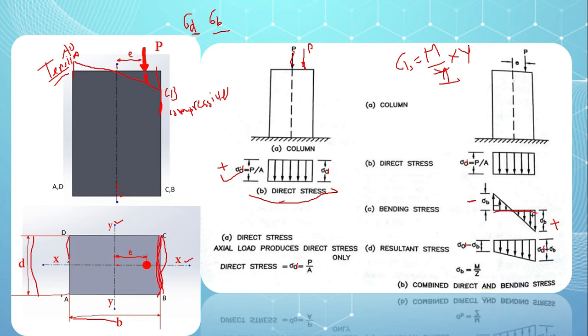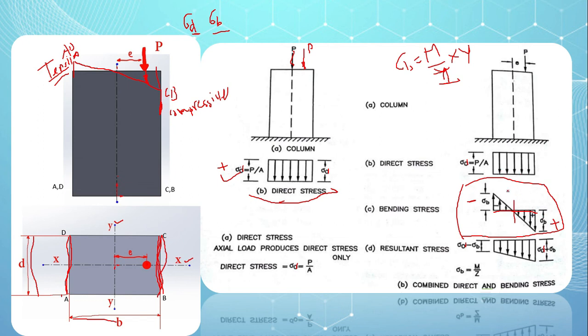This is also subjected to maximum bending stress, and as we move towards the axis, the bending stresses reduce. At the axis of this column, bending stress will be 0. So this stress distribution diagram shows the distribution of bending stresses along the section of the column.